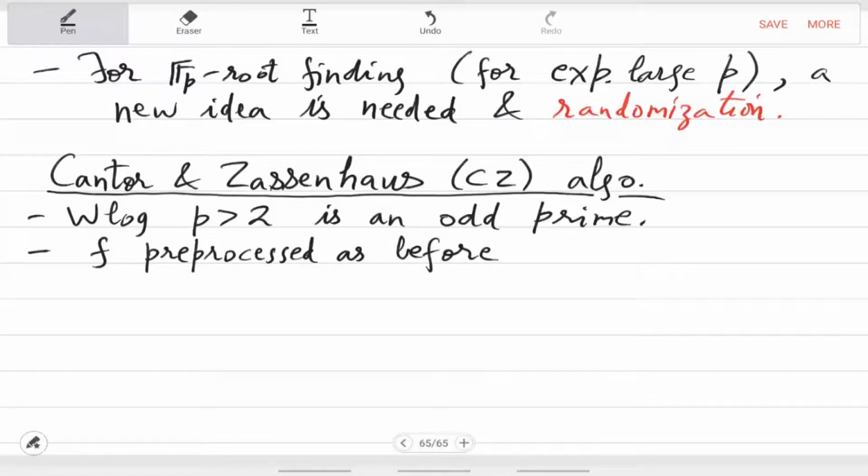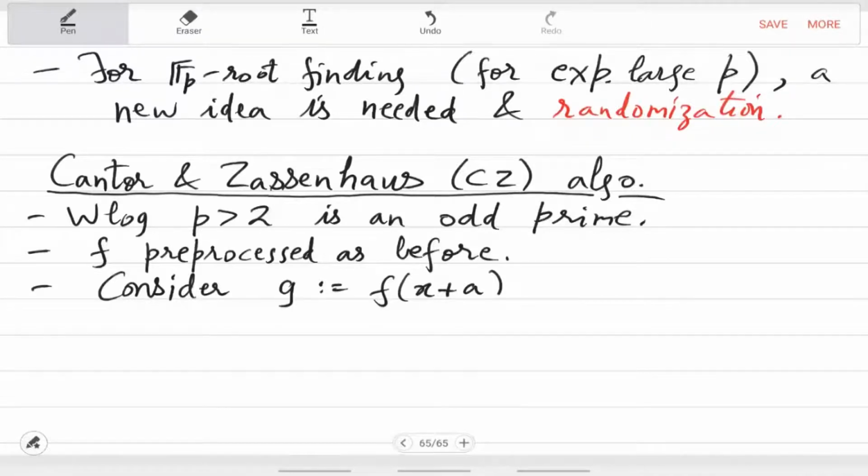That separation we will do by transforming F, in the simplest way possible, which is a linear shift. If alpha 1, alpha 2 are roots of F, what are the roots of G? Alpha 1 minus a and alpha 2 minus a.